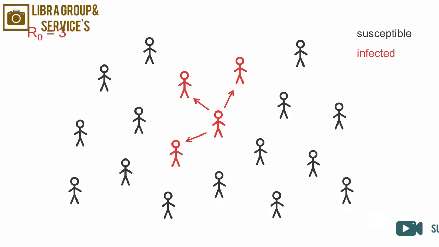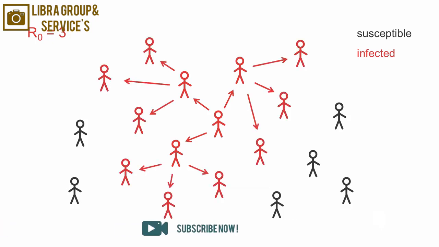R0 for the novel coronavirus, SARS-CoV-2, has been estimated to range somewhere between 2 and 3. So let's say this COVID-19 patient gives the disease to these 3 individuals. And let's say these 3 individuals give the disease to 3 other individuals in turn. Then this is what the situation will look like after some time.